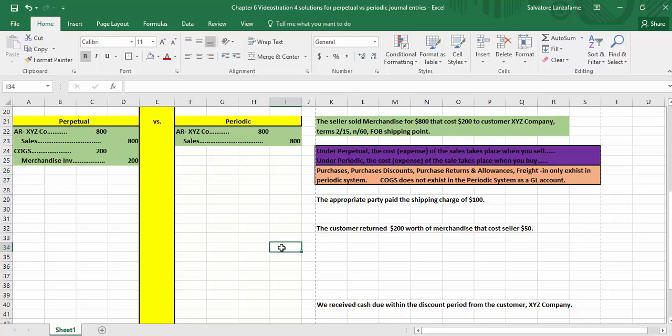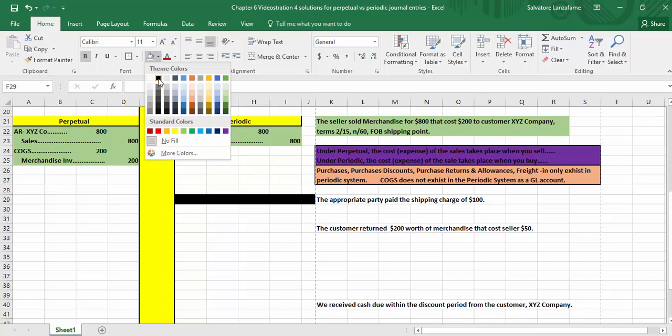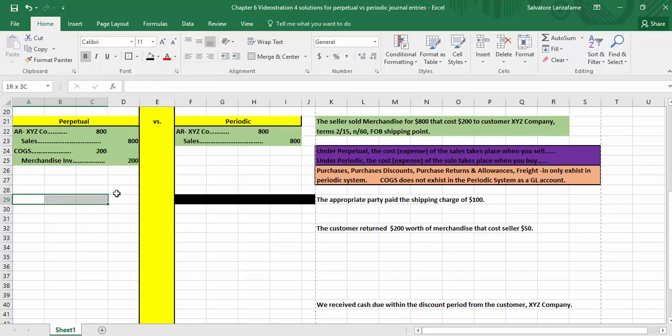In order for you to pay the shipping, it would have to say FOB destination. But it says FOB shipping point, so the buyer is responsible for the shipping. We're the seller. So guess what? No entry for us. We can just blow this off. So no journal entry because it said FOB shipping point.